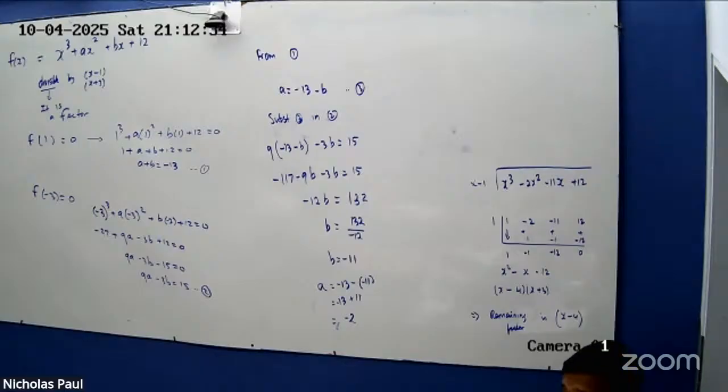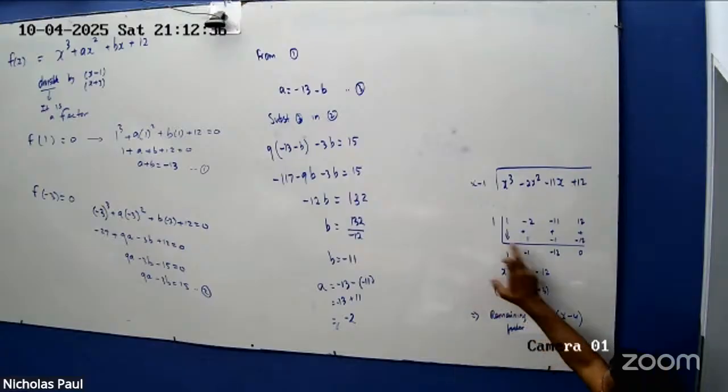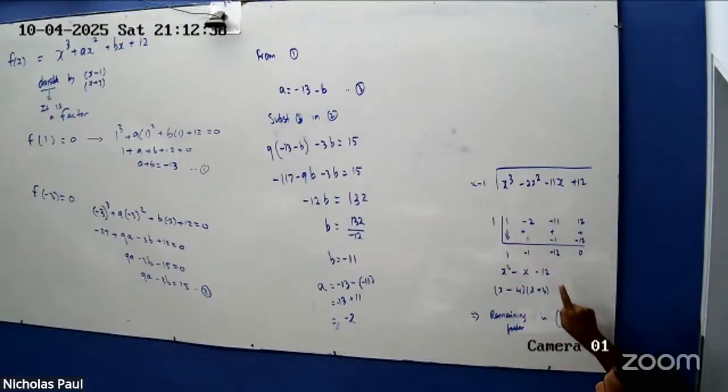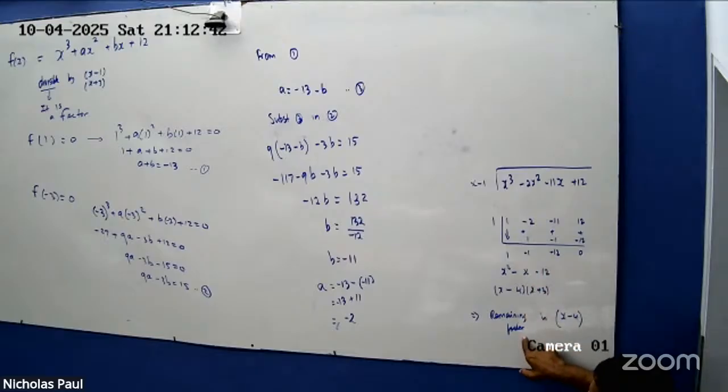Ready? Okay, so synthetic, factorize it. You got your answer, factorize it, write the final answer. The question gave us these two, and this is the last one. Okay, next question is a full thing.